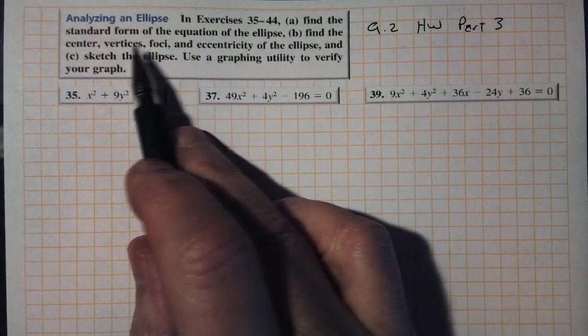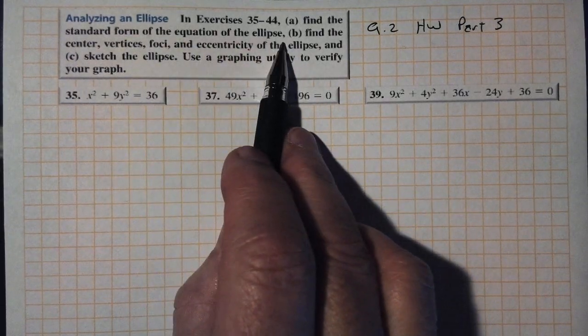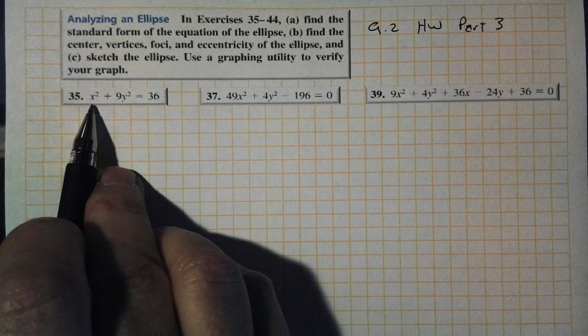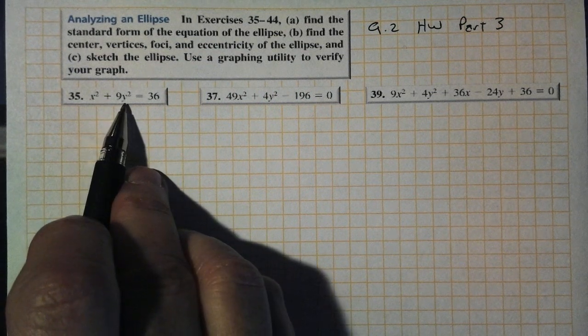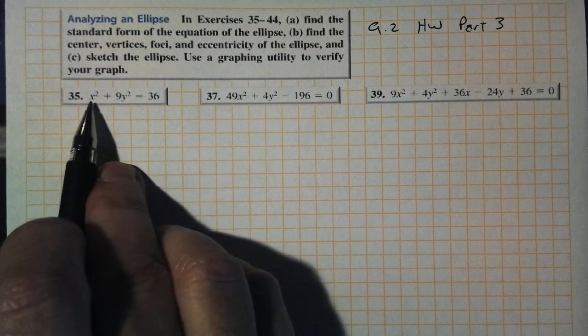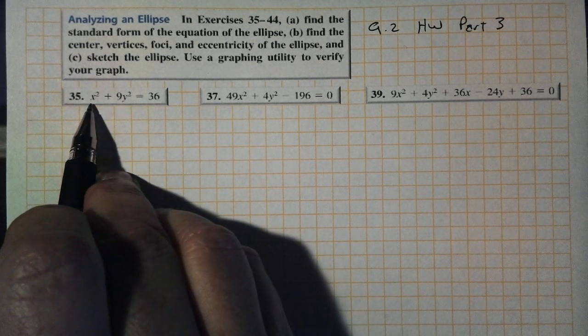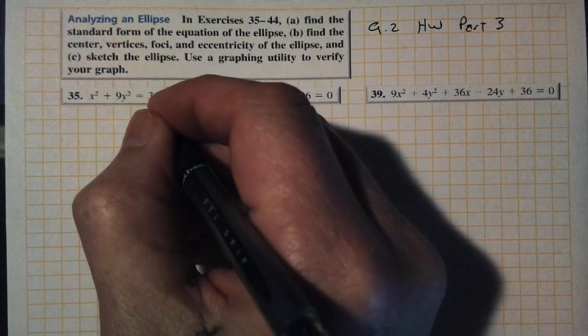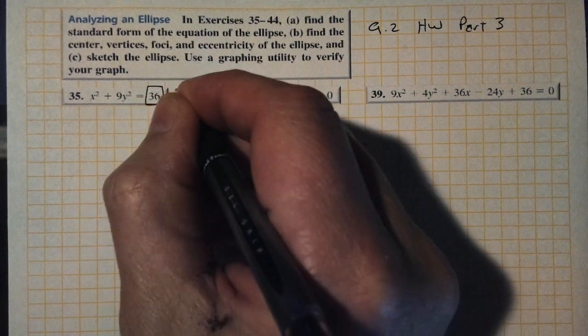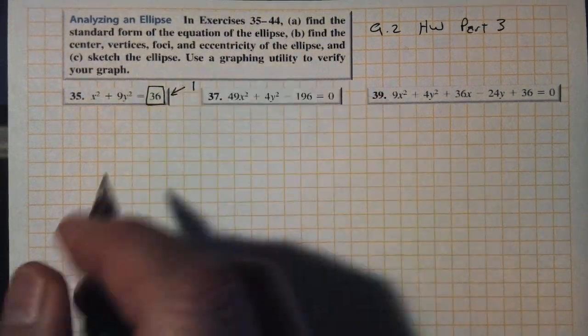So here we go. Find the standard form of the equation of the ellipse. I want x squareds, I want y squareds, and if I can get quantities squared, like x minus 2 quantity squared, I like that, but I need this to be 1.